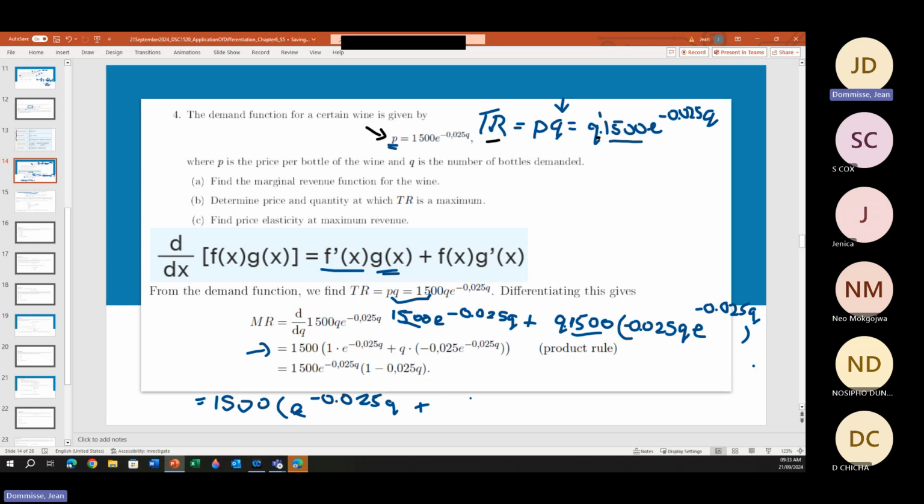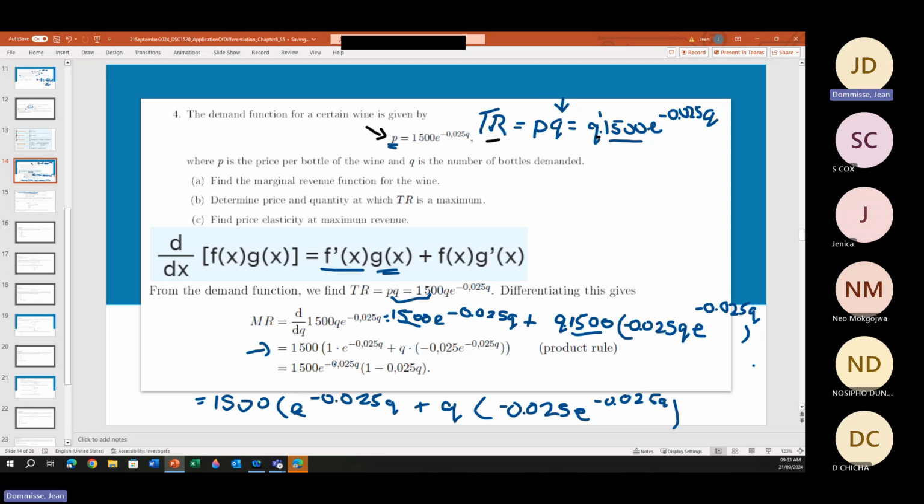So here we take out the Q, and we are left with 0.025. So remember that Q goes out. So basically with this one they just skip that initial step.